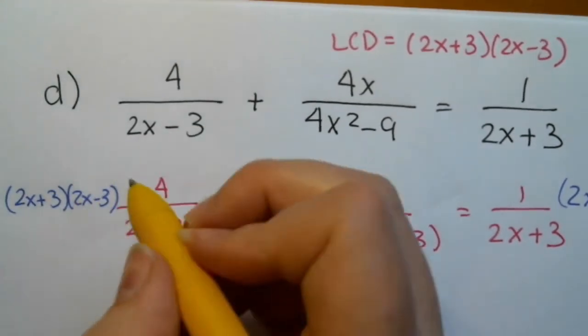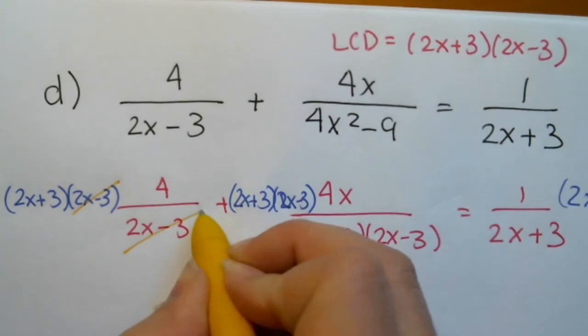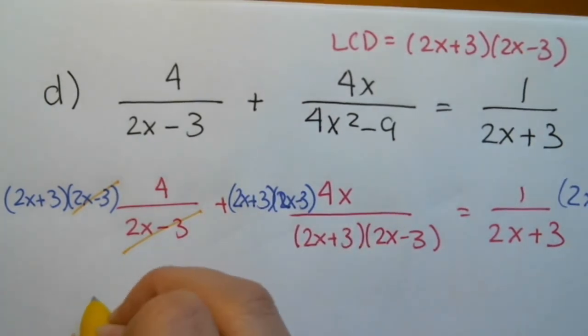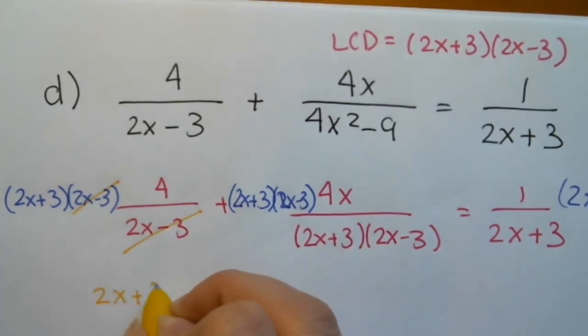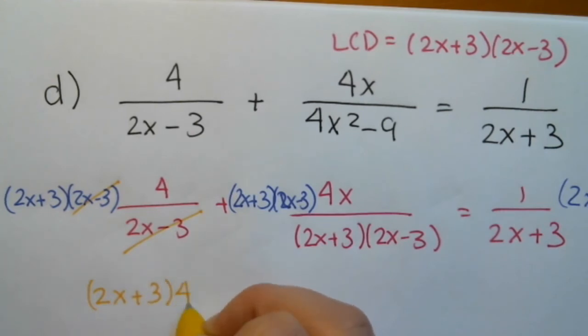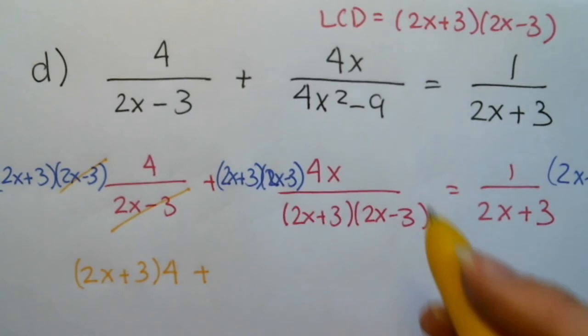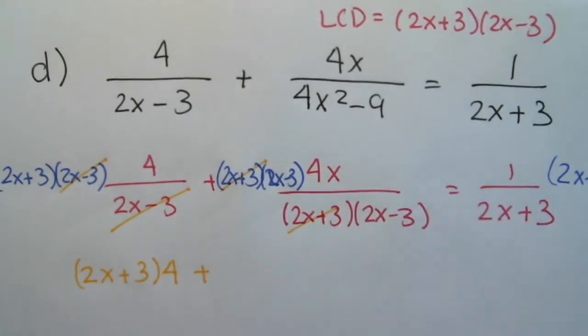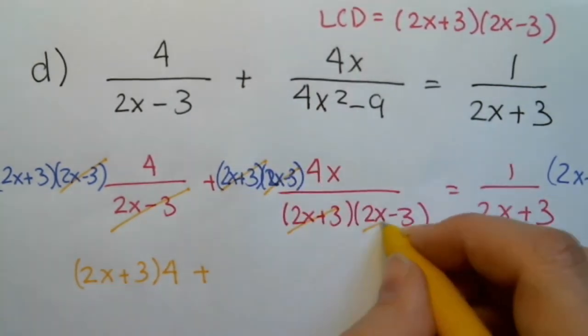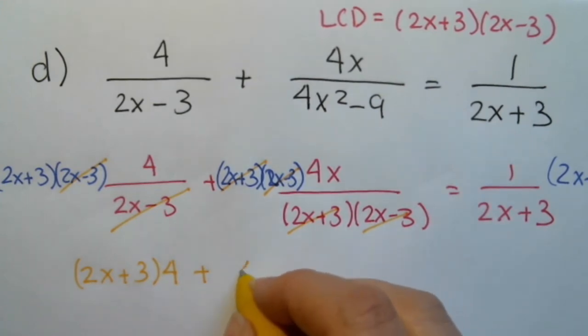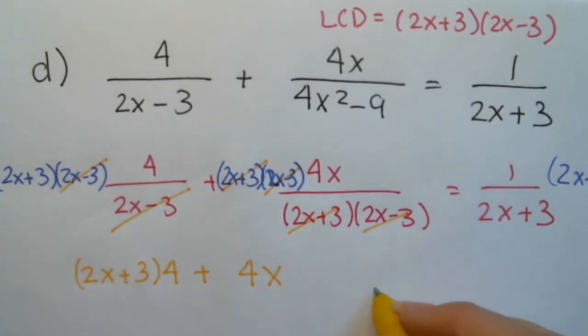Okay, so in the first term, I have 2x minus 3 canceling with 2x minus 3. So I'm left with 2x plus 3 times 4. Okay. In the second term, I have 2x plus 3 cancels with 2x plus 3. 2x minus 3 cancels with 2x minus 3, and I'm just left with 4x.